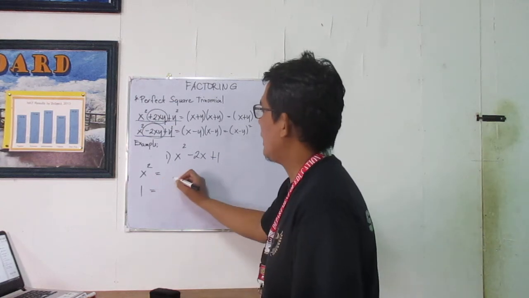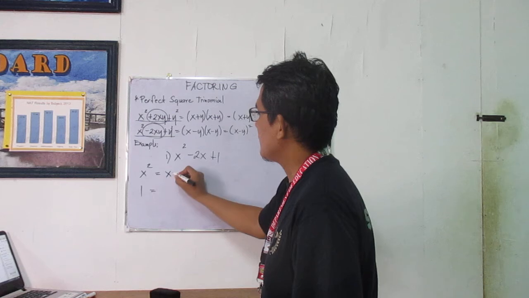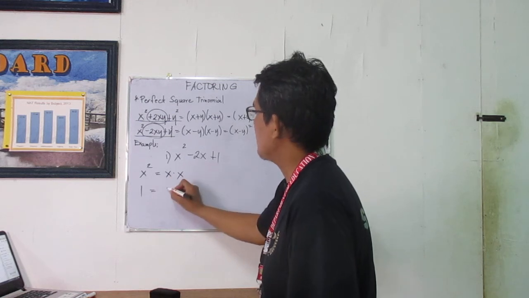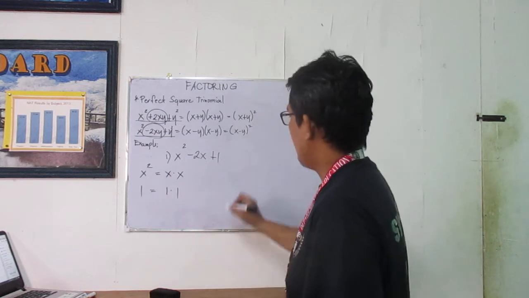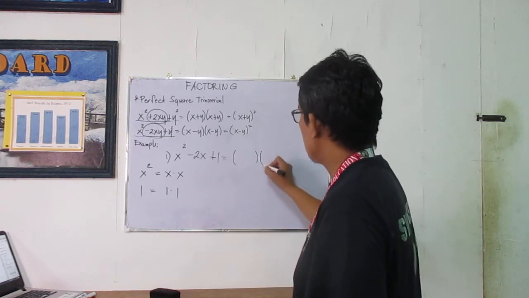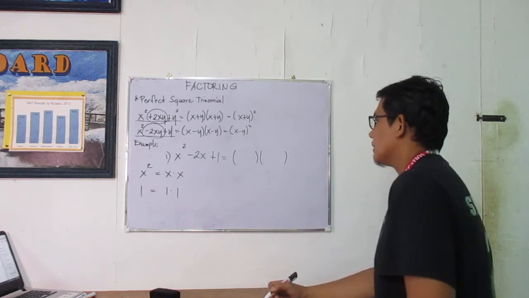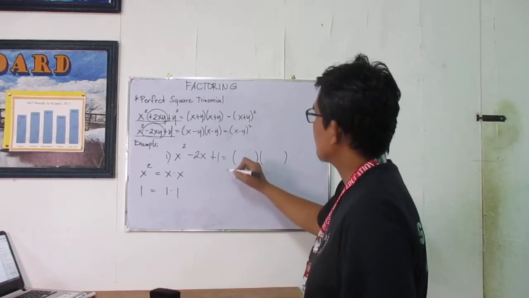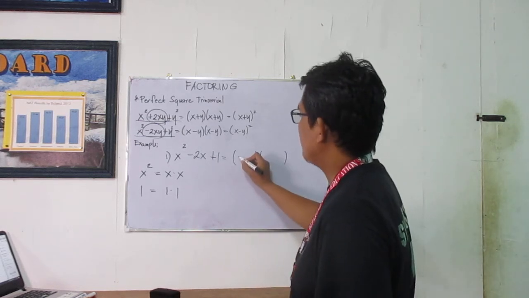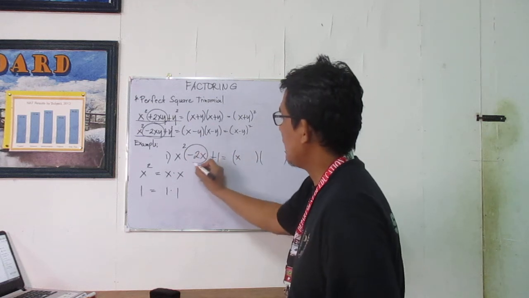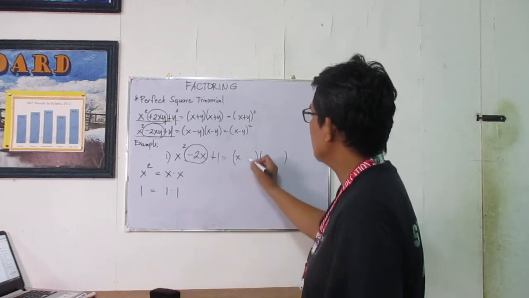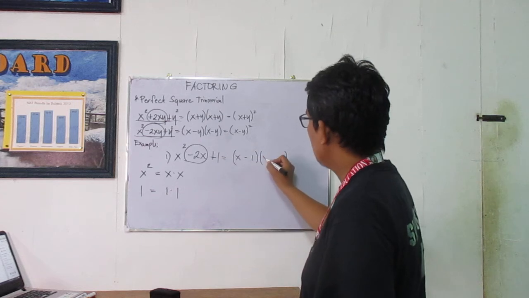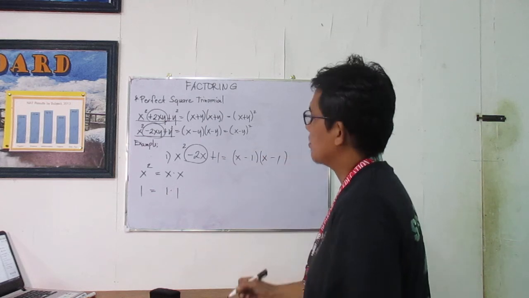So for our x squared, this is x times x, and for our 1, that is 1 times 1. And then write it as factors of two terms. So we will have x, again, our sign is dependent on the middle term, minus 1, and x minus 1.